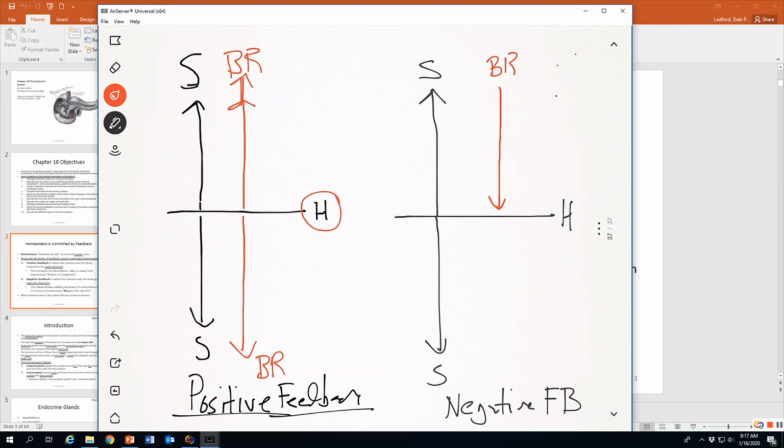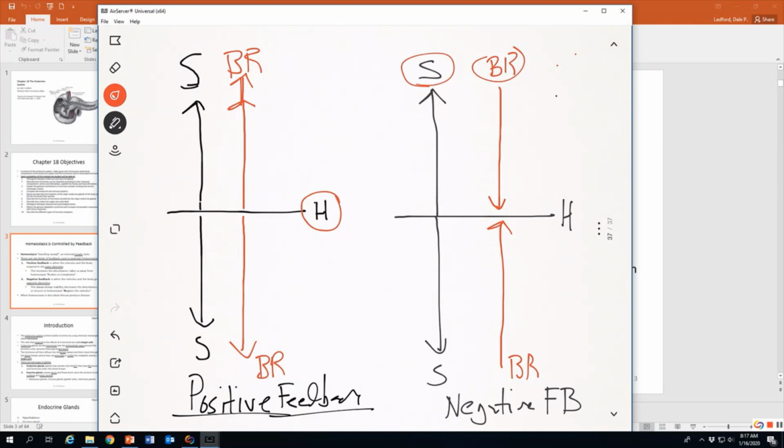Now, case in point, here we have a lowered stimulus. The value was down below the homeostatic range, below normal. That means we need to get that back up to normal, so the body's response goes back up. So you will see the stimulus and the body's response are going opposite in negative feedback, whereas in positive feedback, the stimulus and the body's response go in the same direction.